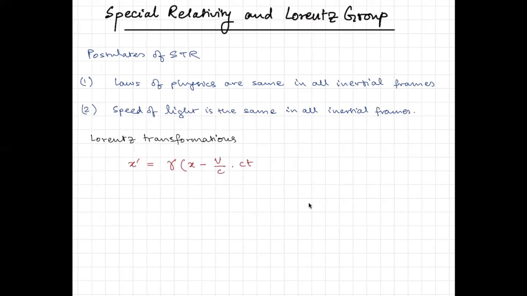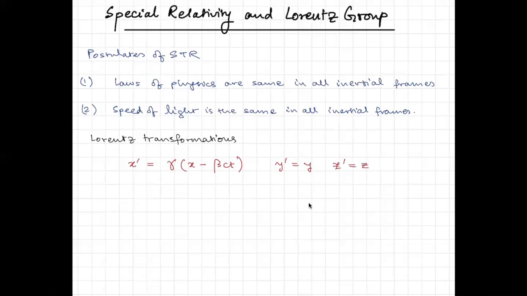Actually, let me call this beta. It looks a little better that way. Beta ct. y prime is equal to y. z prime is equal to z.